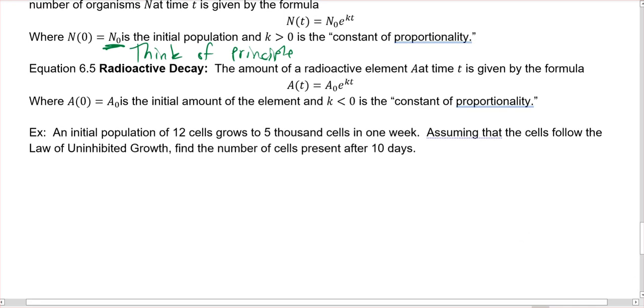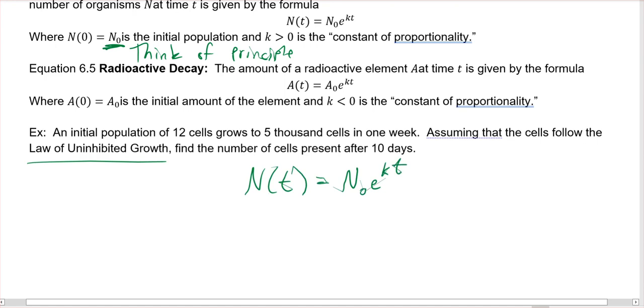Okay, so let's take this just like the other ones. We have the law of uninhibited growth, so we know it's going to look like this: N of t is N sub 0 e to the kt power. So now we're doing the same thing.